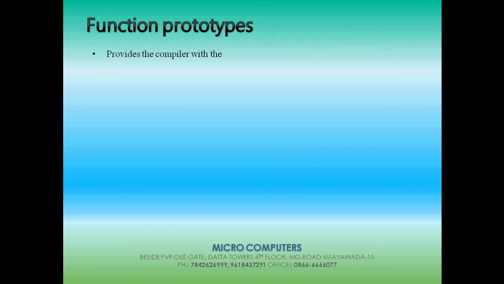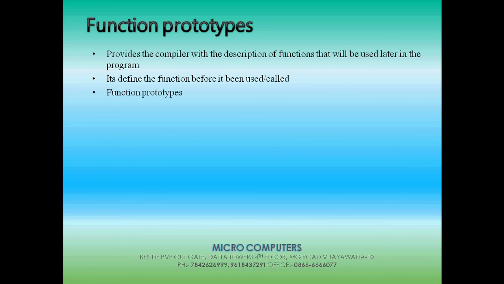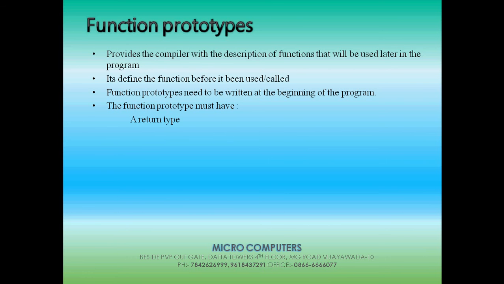Function prototypes. Function prototypes provide the compiler with the description of a function that will be used later in the program. It defines the function before it can be used or called. Function prototypes need to be written at the beginning of the program.